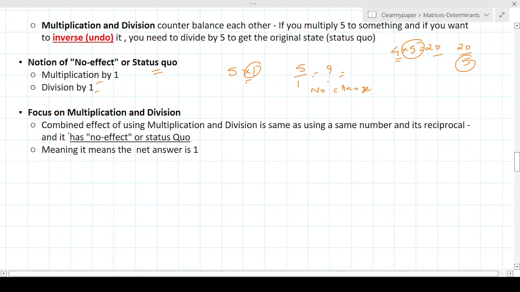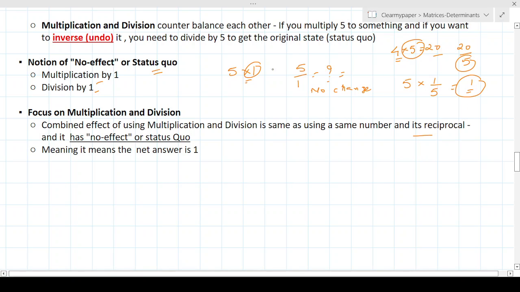in closing down on the multiplication and division in conventional algebra, what we saw is the combined effect: for example, if I have 5 and I multiply it by the reciprocal of 5, which is 1 by 5, the net answer is 1. This is another concept that we know in conventional algebra. When we multiply a number by its reciprocal, the answer is 1.